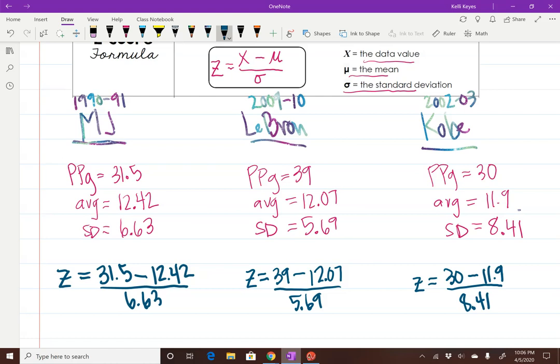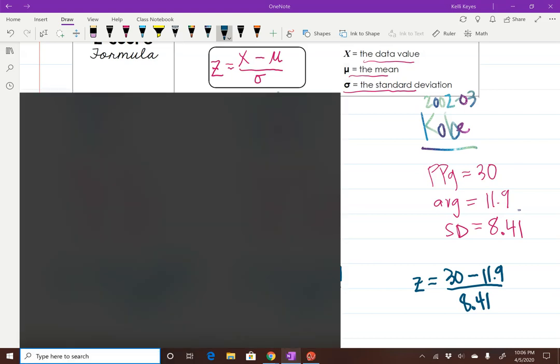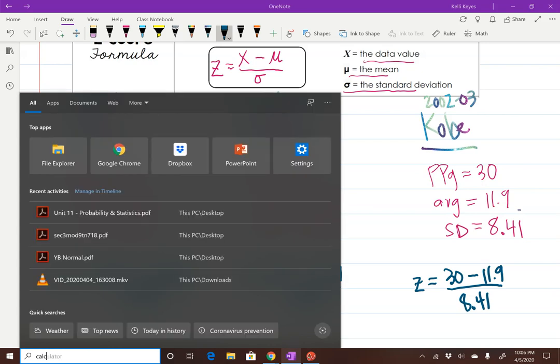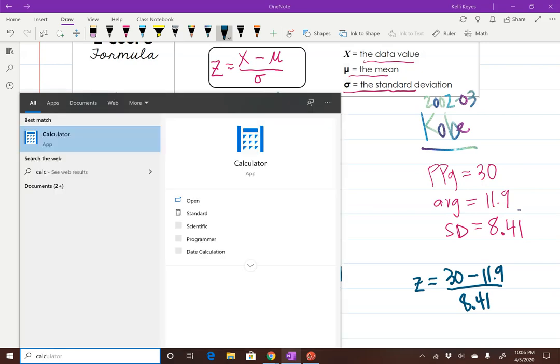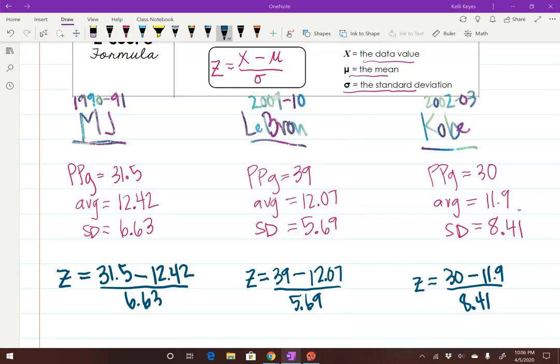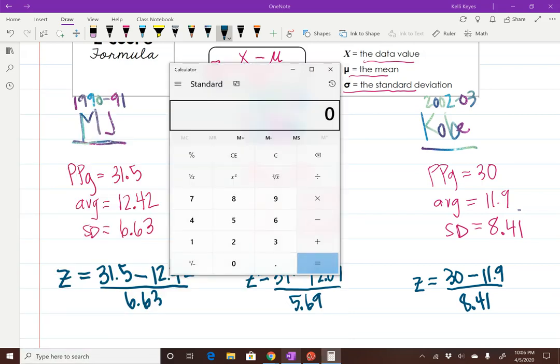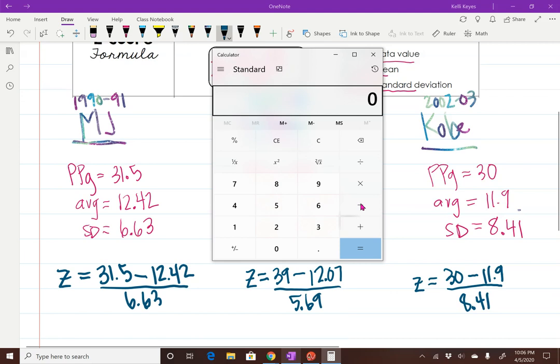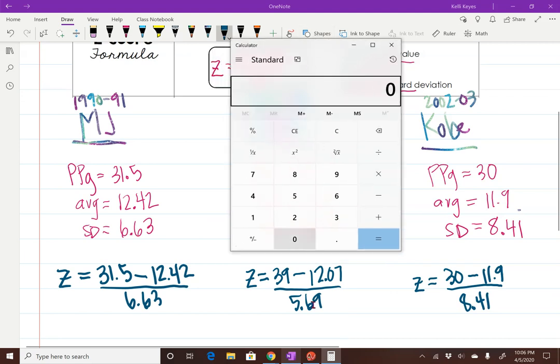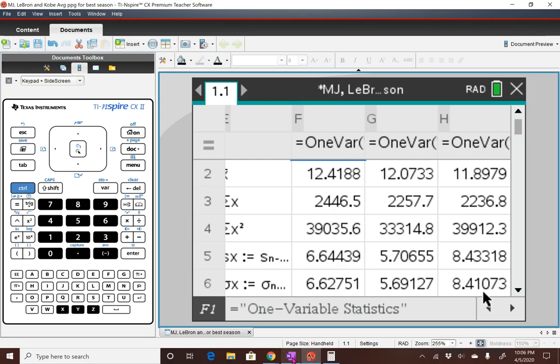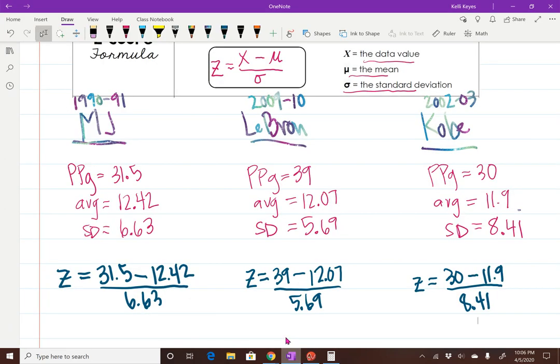So make sure if you're using a calculator, like on your computer or your phone, that you put this in correctly. Or if you're just using an old school one, not a cool one like we have, you guys miss those, I bet.